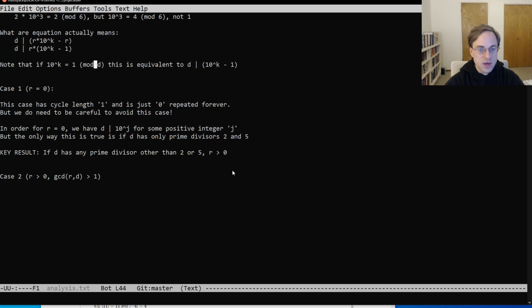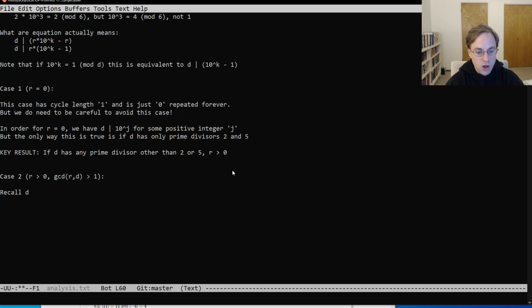Well, going back to our statement up here, you'll see that if r and d are relatively prime, that means that d must divide the right-hand side. And that just leads to our intuition over here, which is actually the statement that we're kind of working toward. And so the only failure case remaining is going to be when r and d are not relatively prime. So let's consider that case.